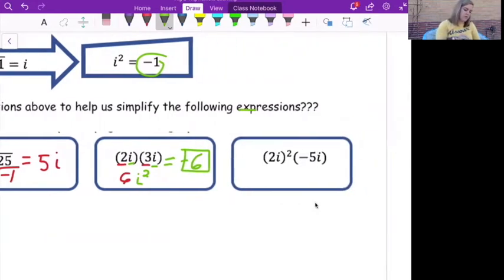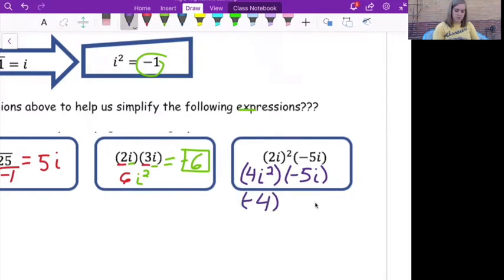So with this one, we have a little bit more simplifying that we have to do. So remember that if we have a quantity squared, this is going to be 4I squared times -5I. So then 4I squared is going to give us -4 times -5I.